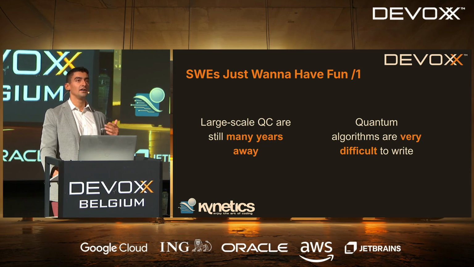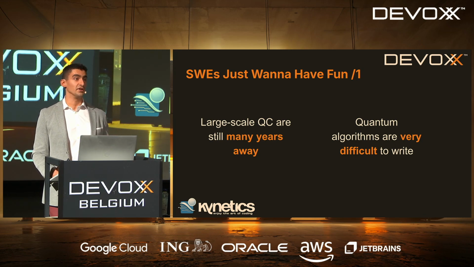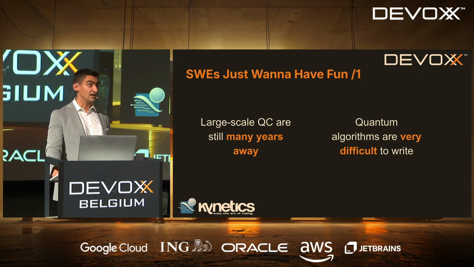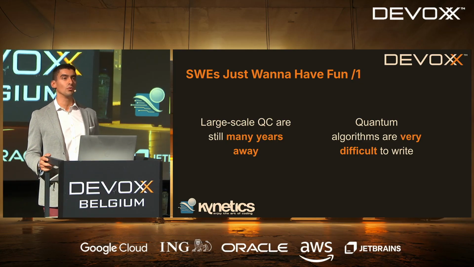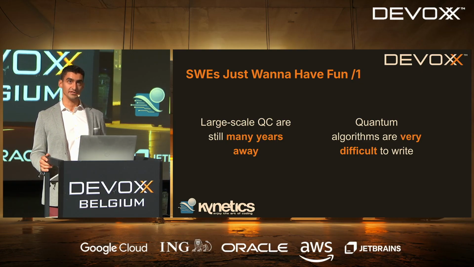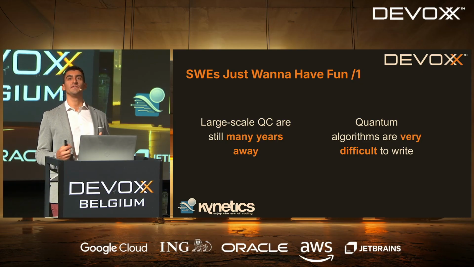And also, large-scale quantum computers, for example, those capable of breaking cryptography or factoring large numbers, are still many years away. They say 20 years, 15 years, the estimates depend, but still, these large-scale quantum computers are many, many years away. And so why should we even care right now about quantum computing?